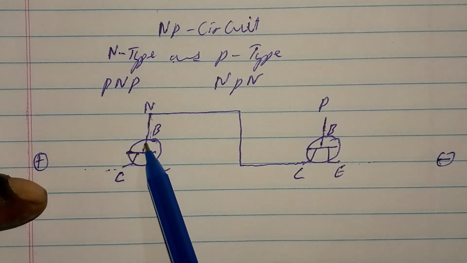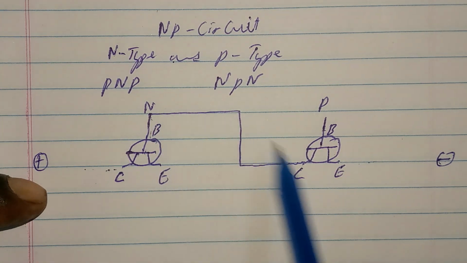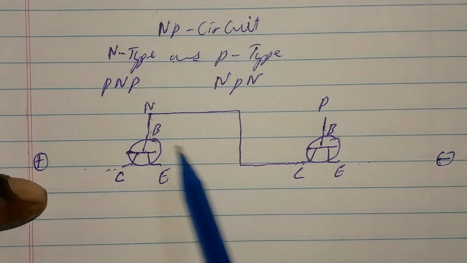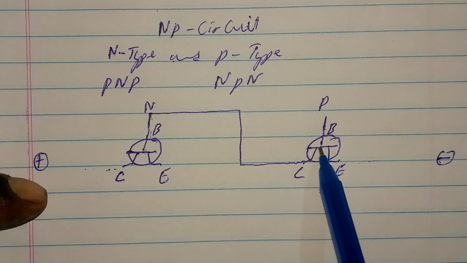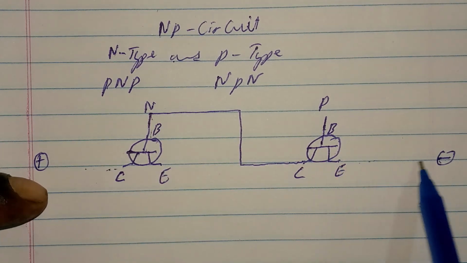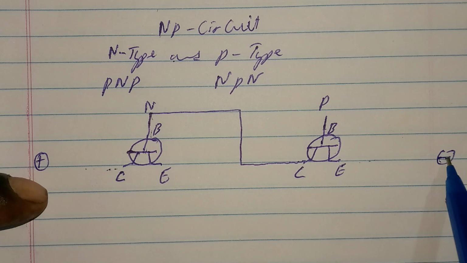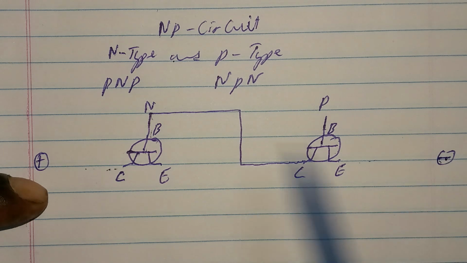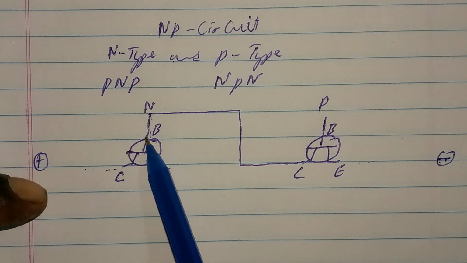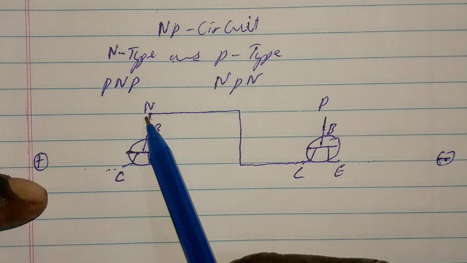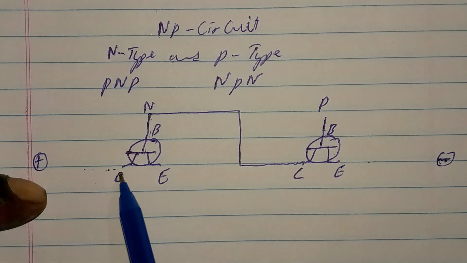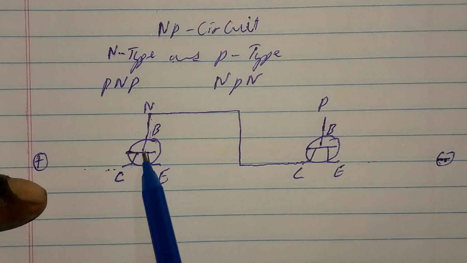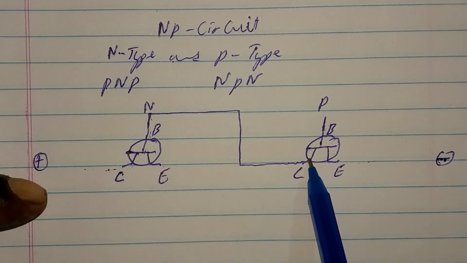So if you want to take the base voltage to the negative path here, this transistor is going to block this base voltage from coming to the negative terminal of the battery, because when the base voltage travels to the negative terminal of the battery, this will cause this N-type transistor to be switched on, but there is a blockage here.